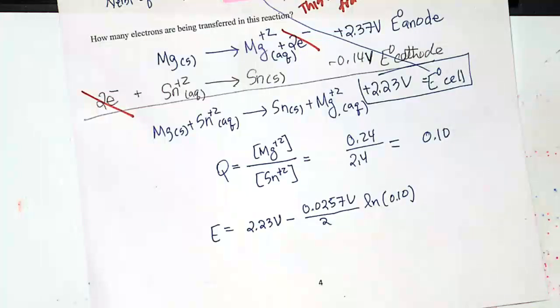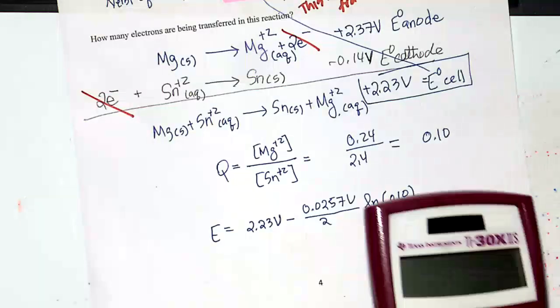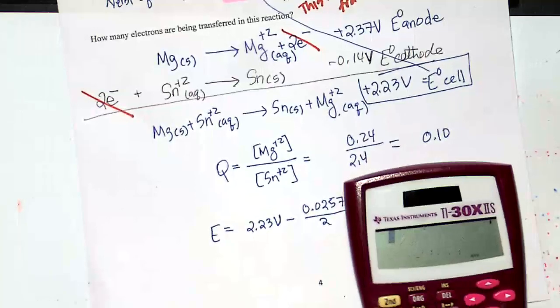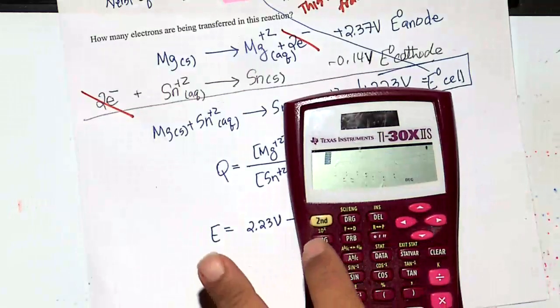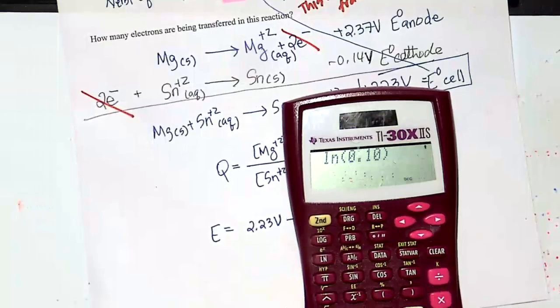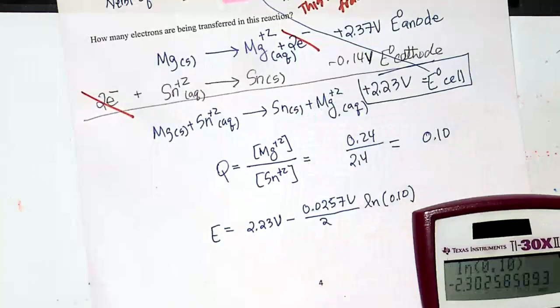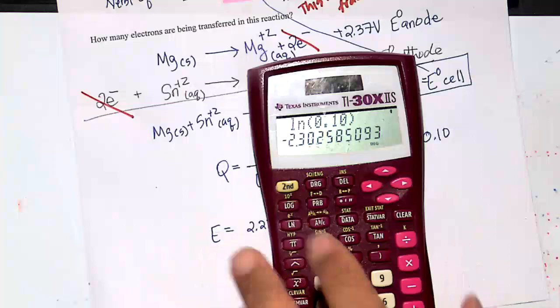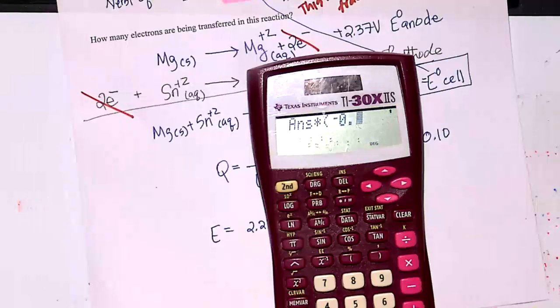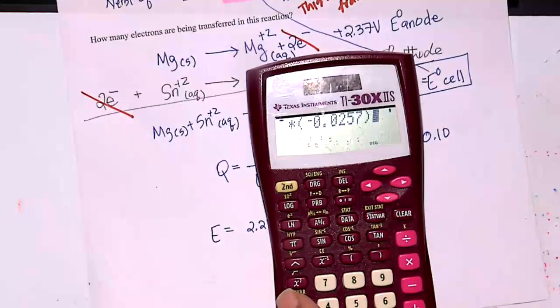Let's see how we can do this on our calculator. First I would do natural log of 0.1, times a minus, this is important, times negative 0.0257.